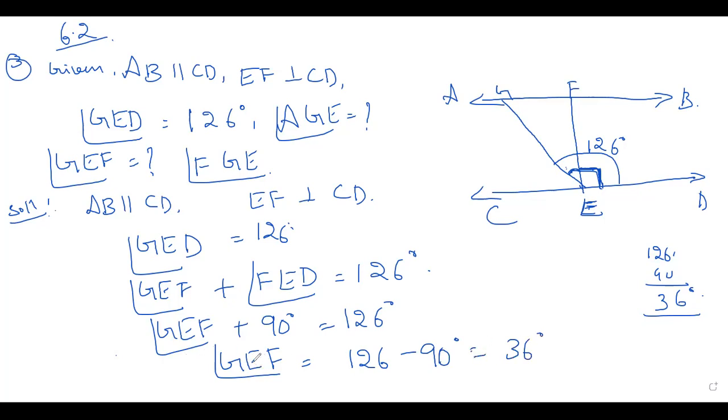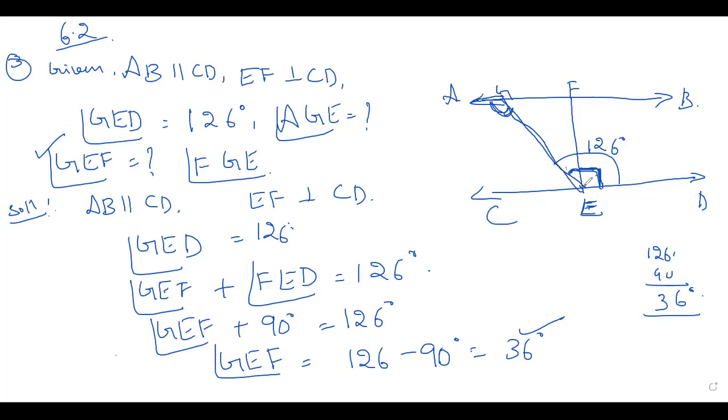That is equal to 36 degree. So you get one angle, angle GEF, right? That is 36 degree. Then you have to find out AGE. Okay, AGE and the E angle comes, right? You can easily say what is AGE here. See, we are taking the E angle.